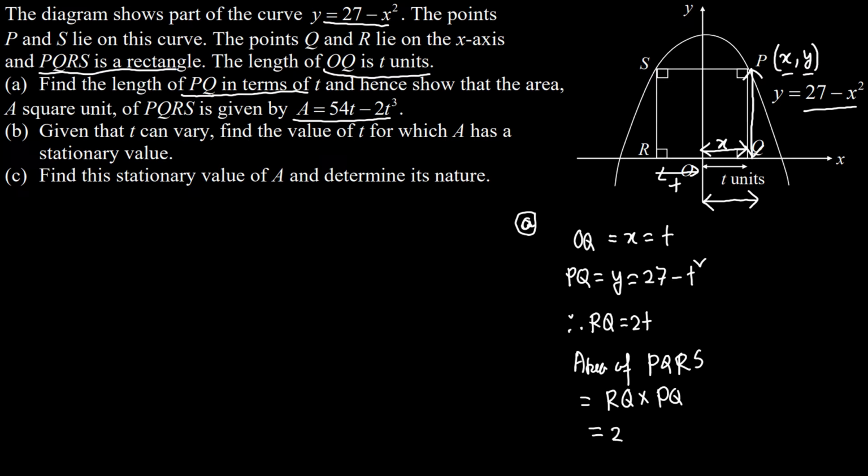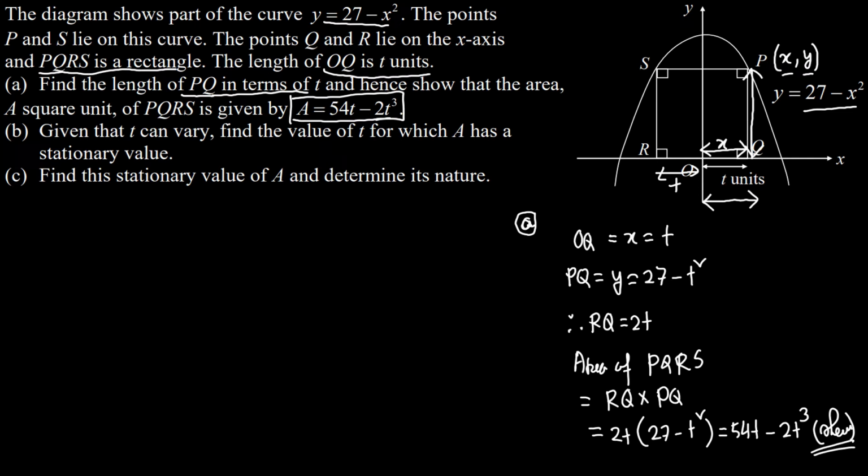RQ equals 2t, and PQ is 27 minus t squared. So from here we got 54t minus 2t cubed. So we can write here, shown. This is the answer of the first part, which we have already done.